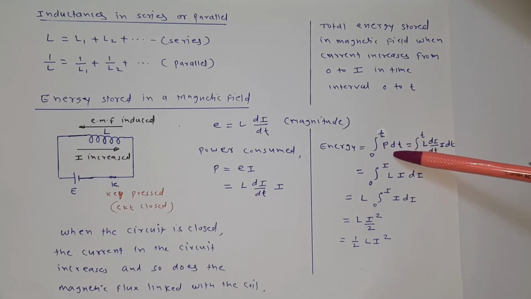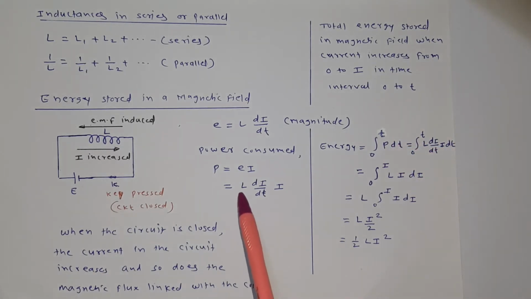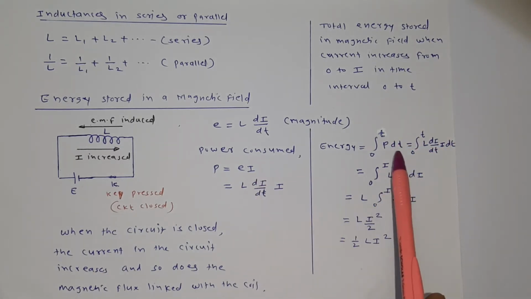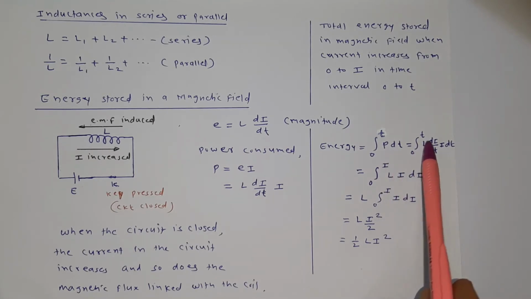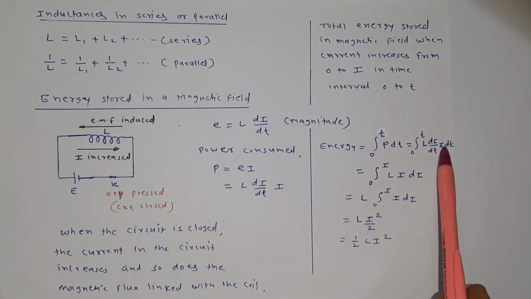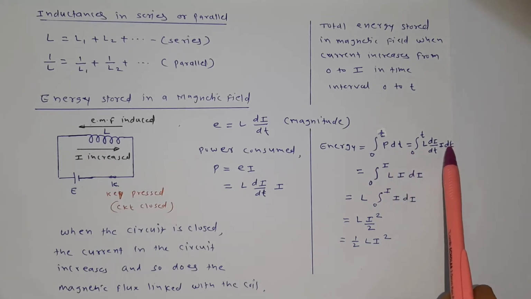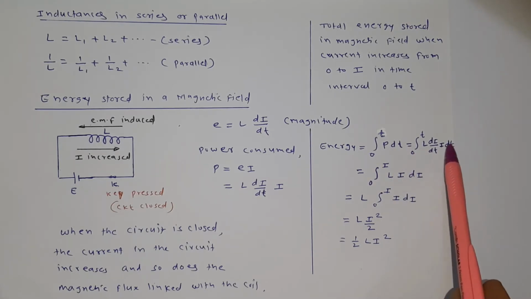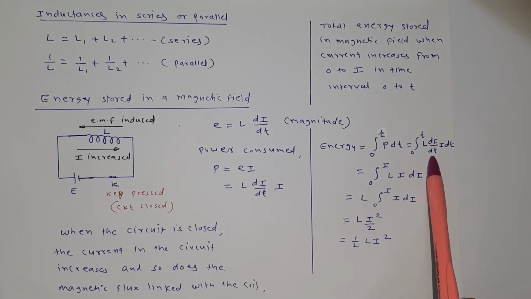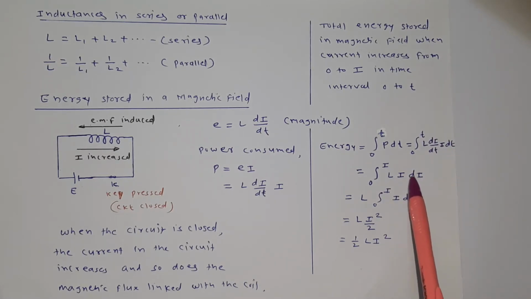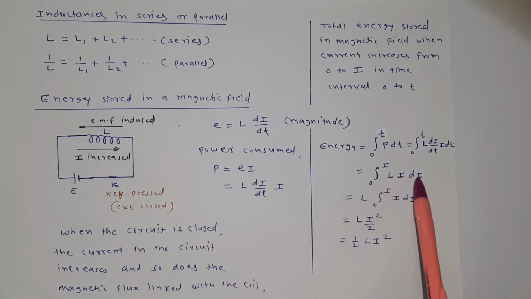But what is power? Power is equal to L di dt into I. So this power is L di upon dt into I, with dt as it is. This dt cancels, so the remaining part is L I di.